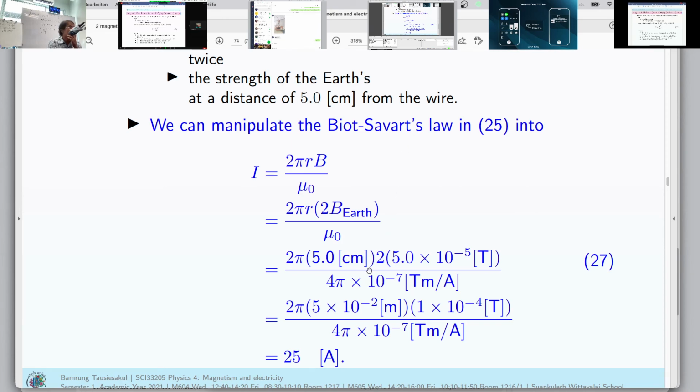Of course, here the 5 centimeter, and mu 0. Because we want to get the amount of current in the typical unit, which is ampere in the SI system, you have to arrange every quantity here also in SI scale. Please note that centimeter is not in SI units in physics.